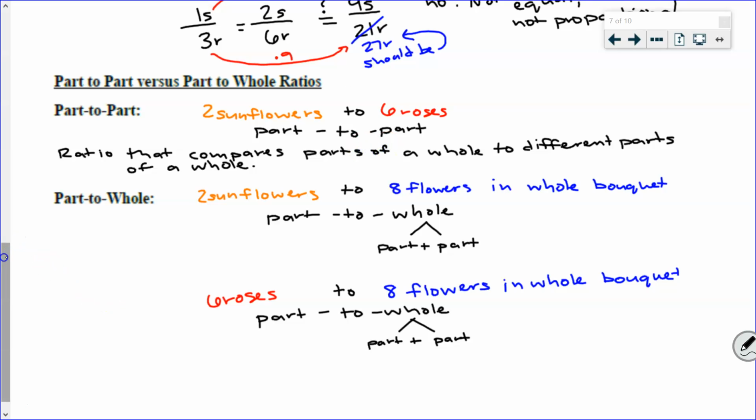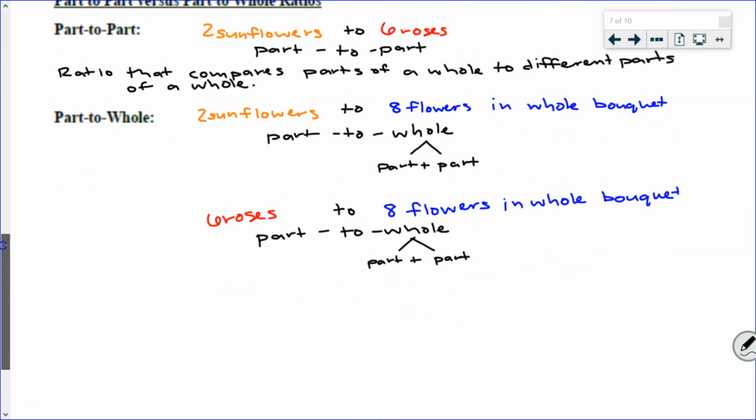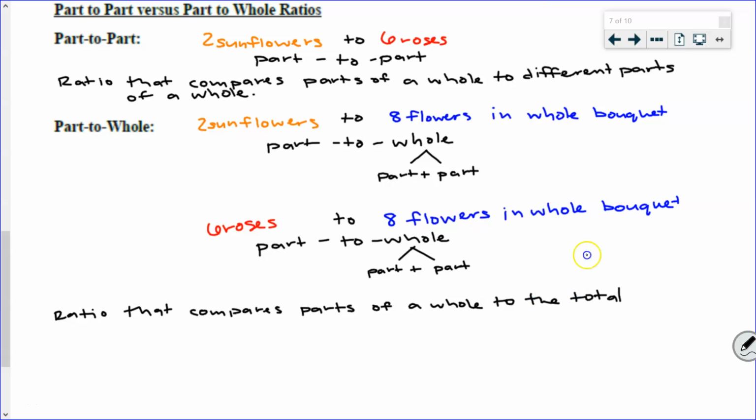And so what I would write here on the part to whole: this is a ratio that compares parts of a whole to the total. The total is also known as that whole amount.